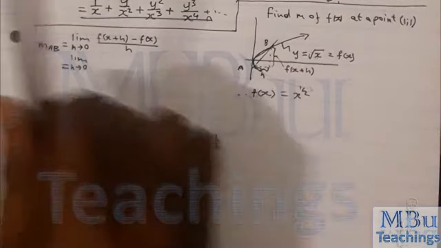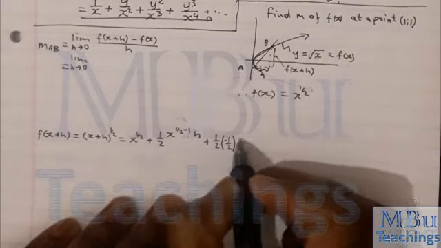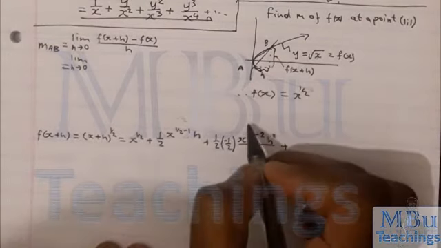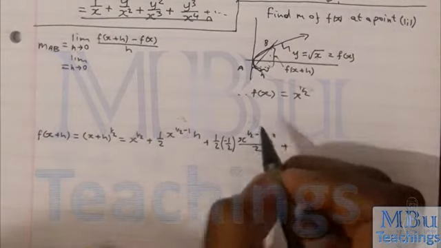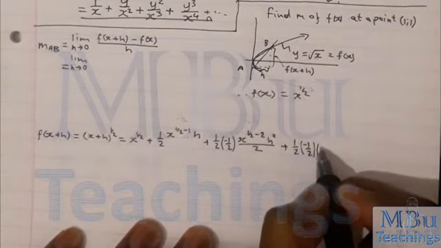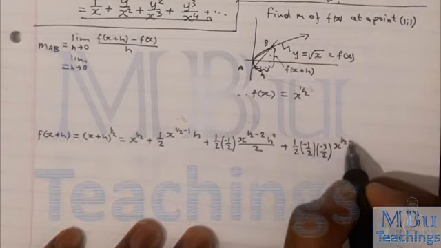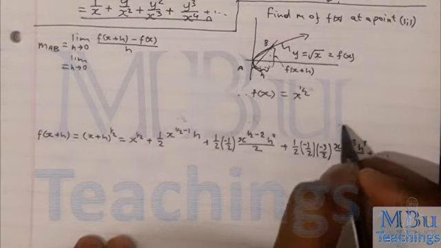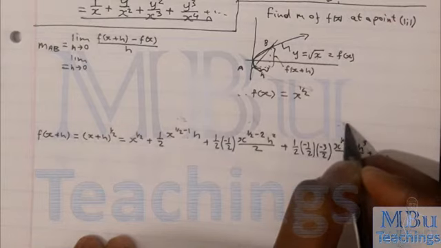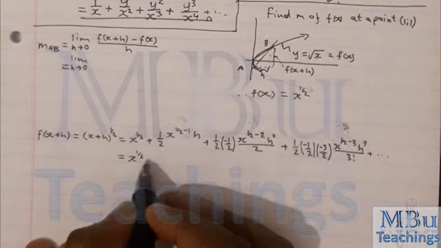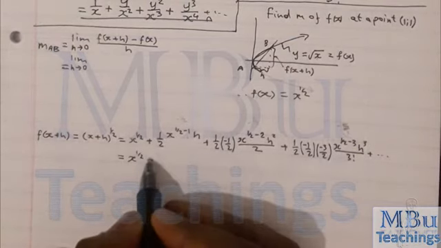Obviously now this will be negative half. This will be negative 3/2. And this is negative 5/2. But the sign is positive, obviously.